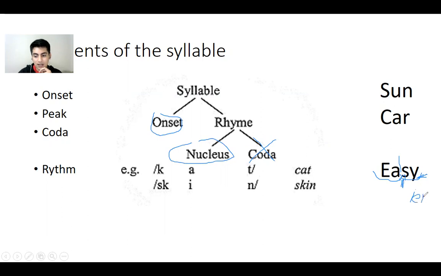As you can see, the R consonant makes it a closed sound, easier. Even though the word is written longer, it's pronounced shorter, you know, easier. That's why, because now we have a coda, the R, and that makes it a closed sound.